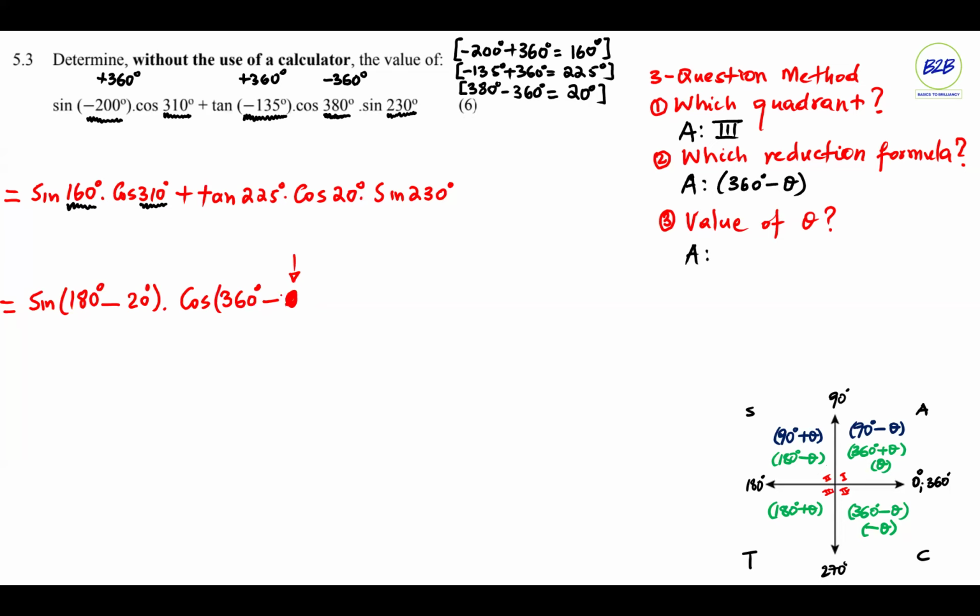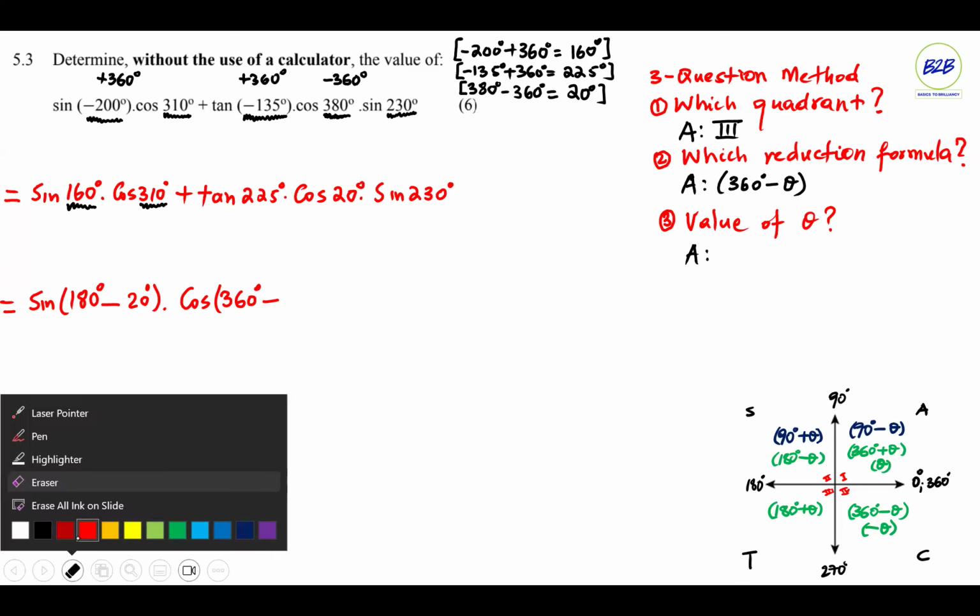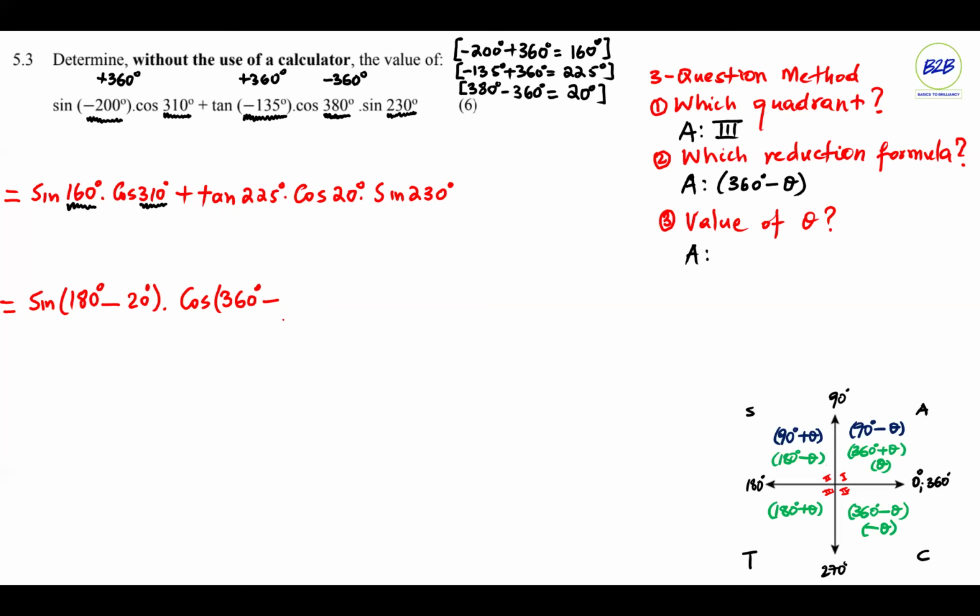Simply put, what is the angle that I can subtract from 360 degrees to get 310? Here is something that you should not do. Do not substitute here by 310 degrees. That is not how it goes.